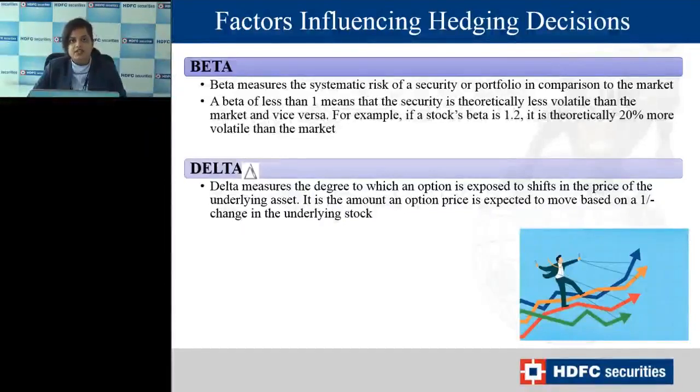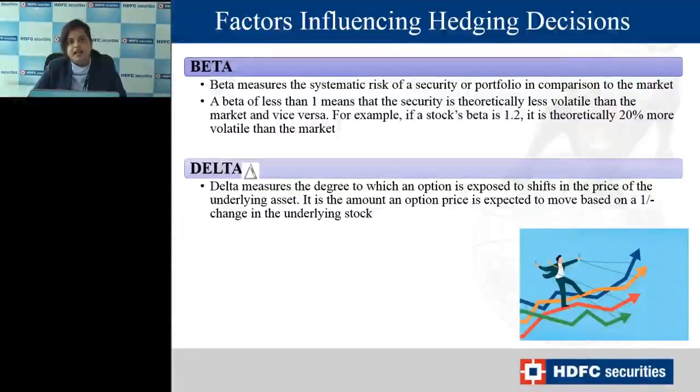So when I say a stock has a beta of so and so, it means that theoretically it compares how volatile that particular stock is in comparison to the market. Every stock has a different beta level. So when I say the beta of any particular stock or security is less than 1, it means that theoretically it is less volatile than the market.